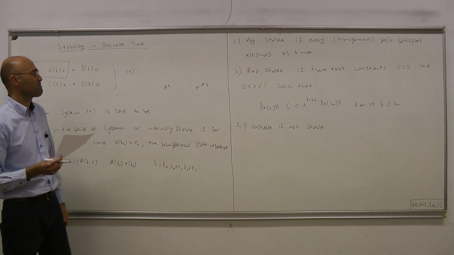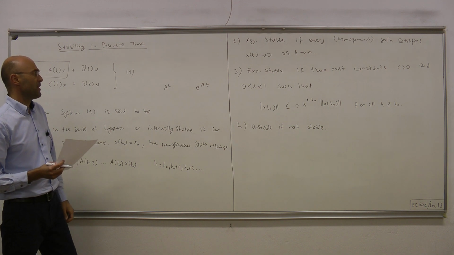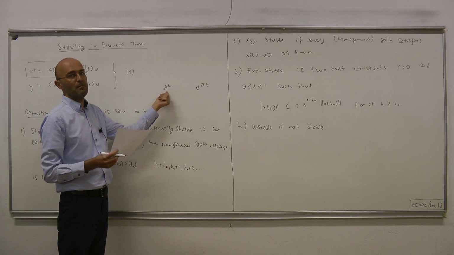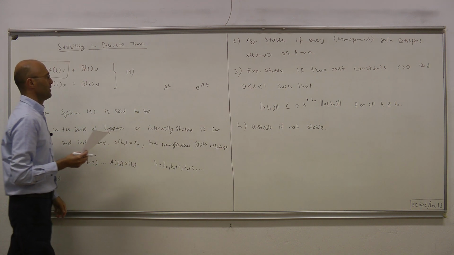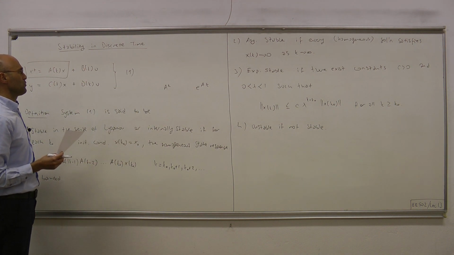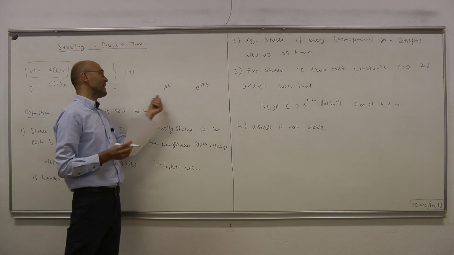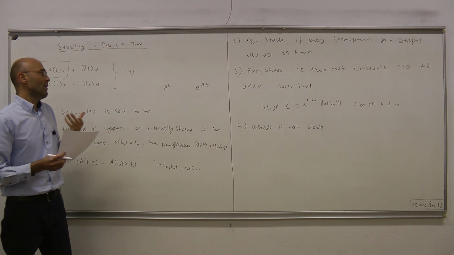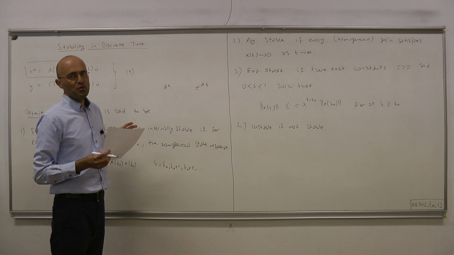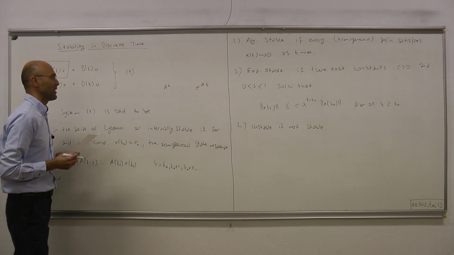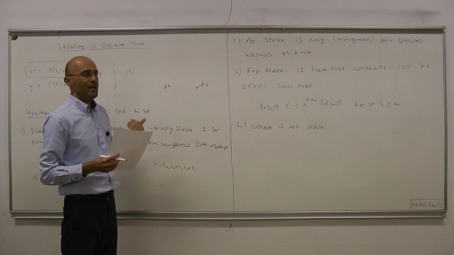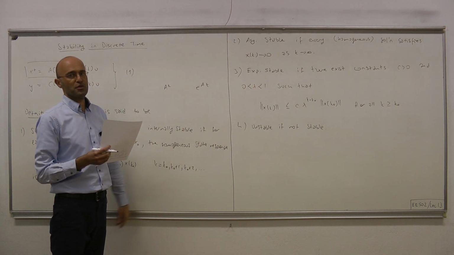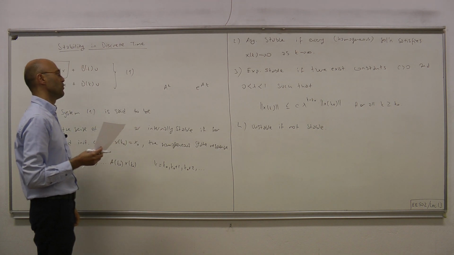And our findings were, thanks to the Jordan form decomposition of the A matrix, as follows. If all the eigenvalues of the A matrix are such that their magnitudes on the complex plane are strictly less than 1, then A to the k converges to 0, always, as k goes to infinity.